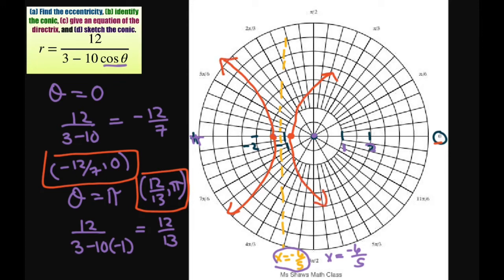To get your asymptotes, I don't really think they need you to do that, but you would need your midpoint. What you do is take your x values here and add them up, and divide by 2.